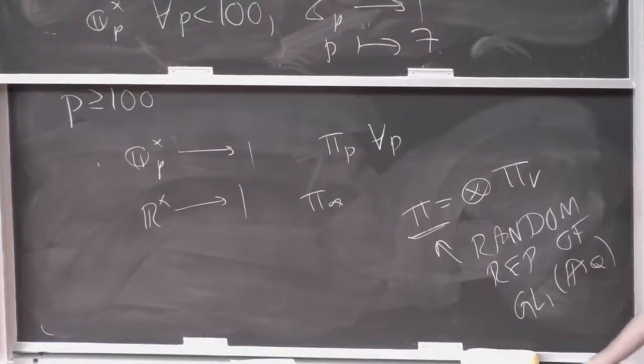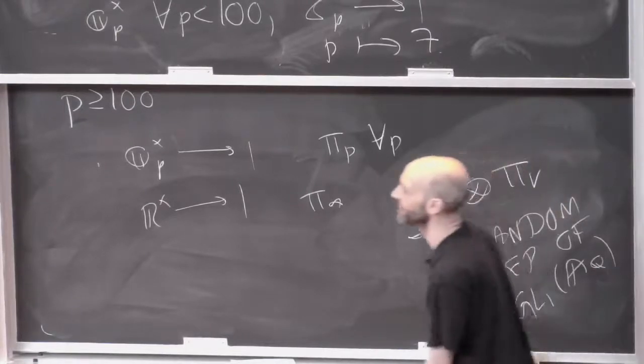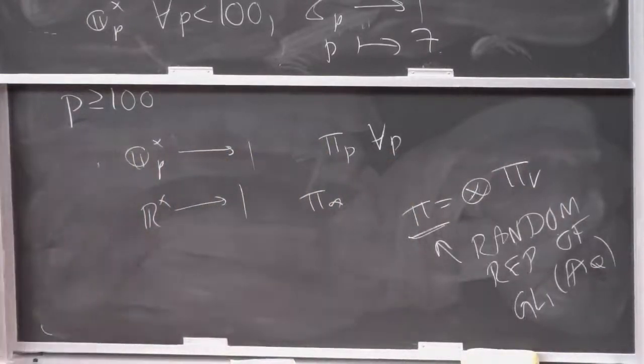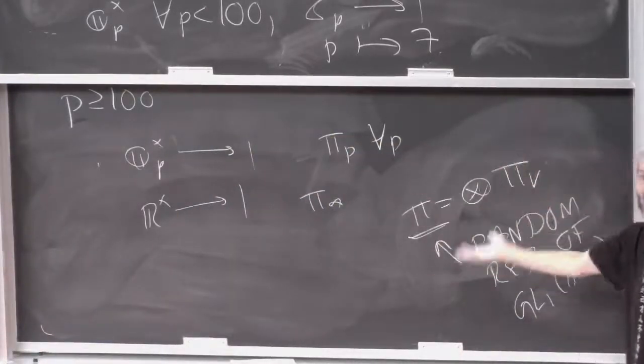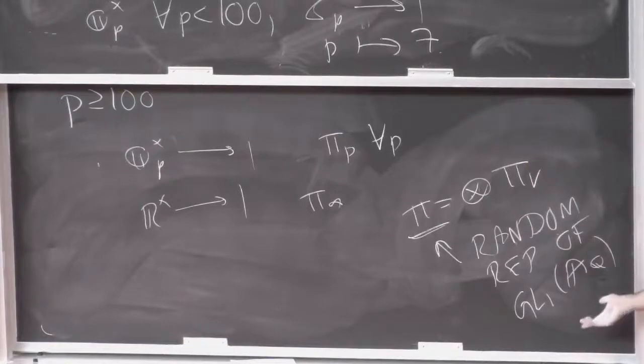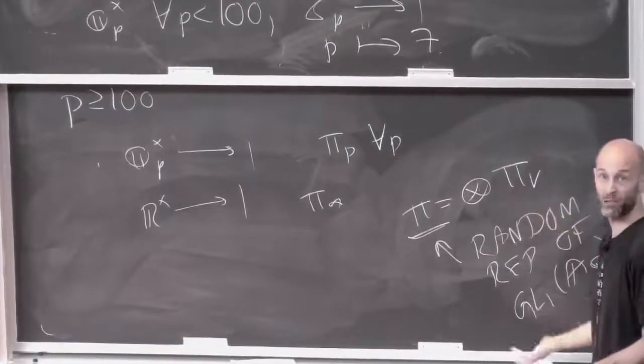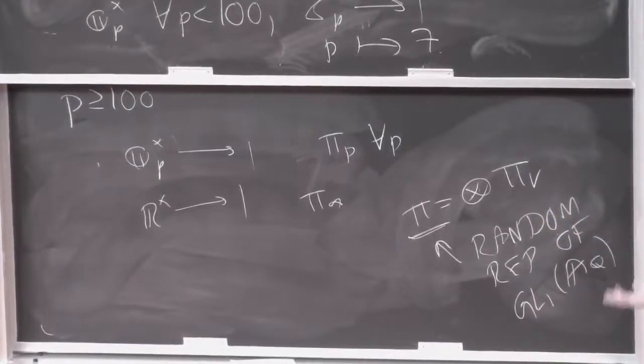I'll note that it's easy to write down representations of GL_n of the adeles of Q in just the same way. I told you about the induced representation from chi_1, chi_2. That's a representation of GL_2 of Q_p. So we can just choose random chi_1, chi_2 for all primes p, and then we get representations of GL_2 of Q_p for all primes p. We tensor it together. We could put the trivial one-dimensional representation of GL_2 of the reals in, and Bob's your uncle.